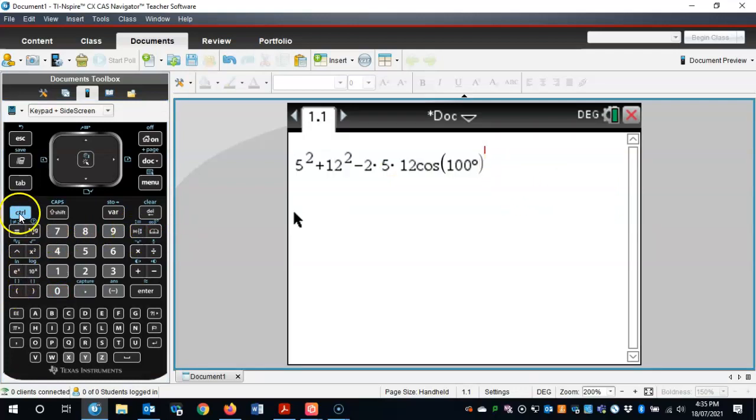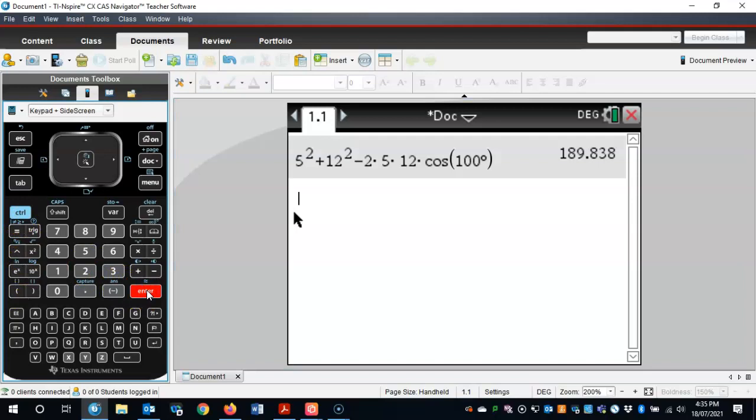Makes life difficult. Control Enter. So that's a squared, remember, 189.838, and then we've got to find the square root.